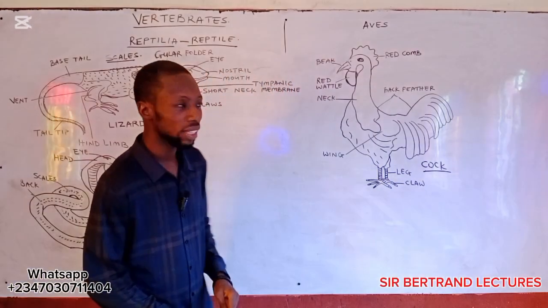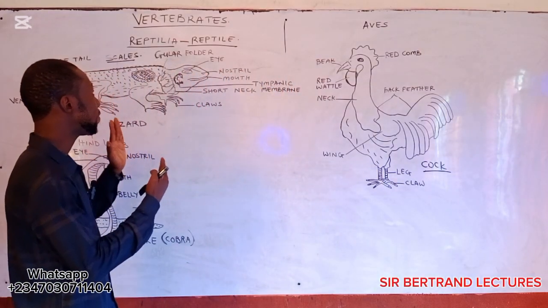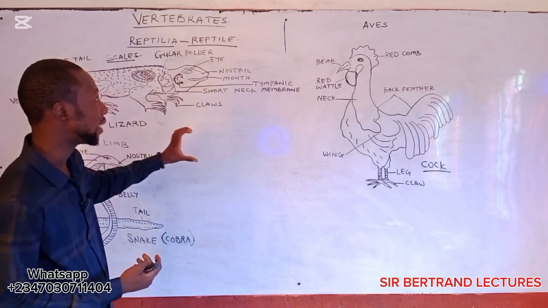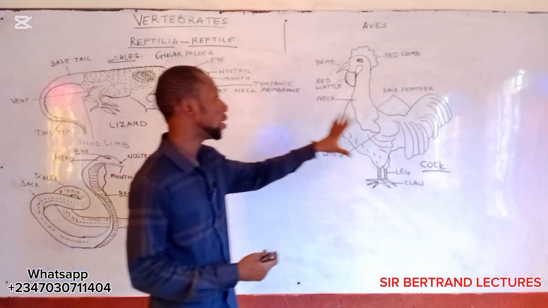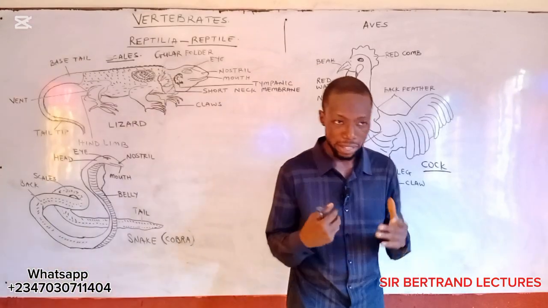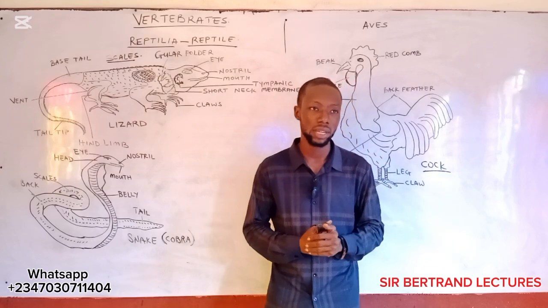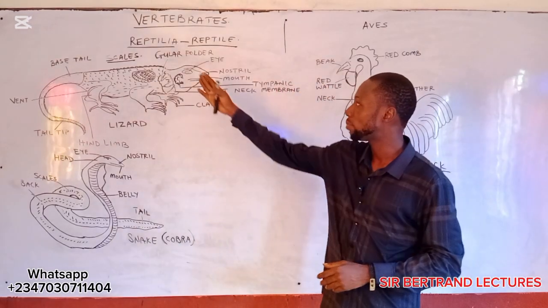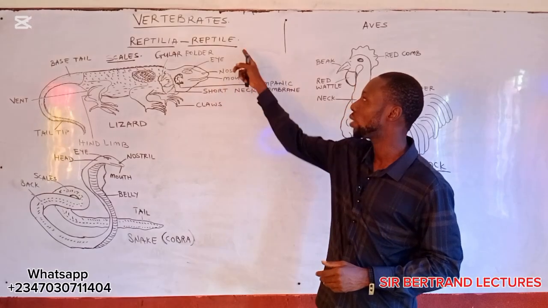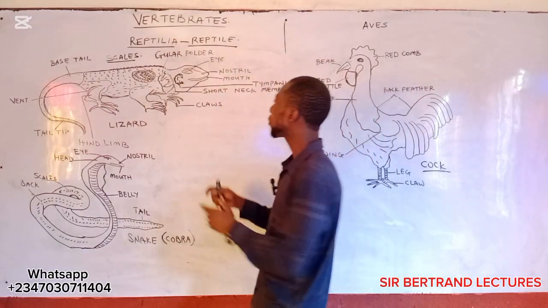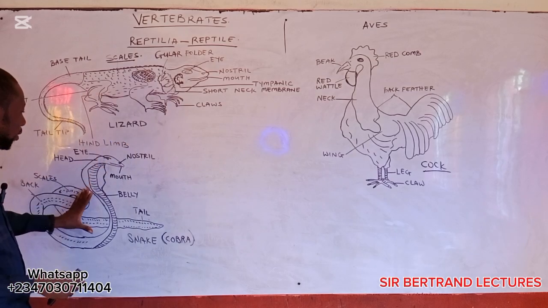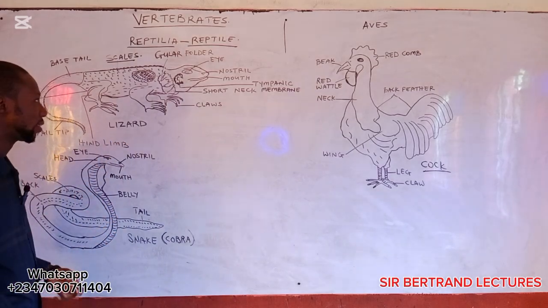So today we are going to look at the features that make these organisms here to be classified as reptiles and these to be classified as amphibians. What are the features of reptilia? Reptilia on the board is also known as reptiles. Then these are the structures of lizard, and this here is snake.